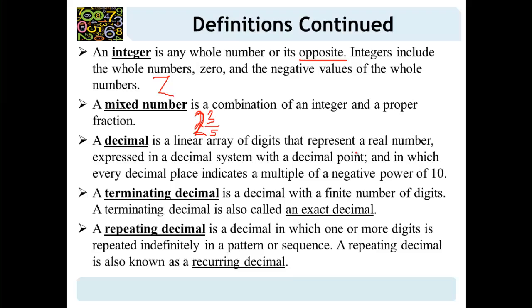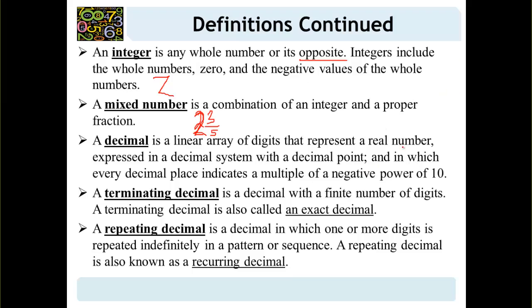A decimal is a linear array of digits that represent a real number, expressed in a decimal system with a decimal point, and in which every decimal place indicates a multiple of a negative power of 10. What do I mean by this?